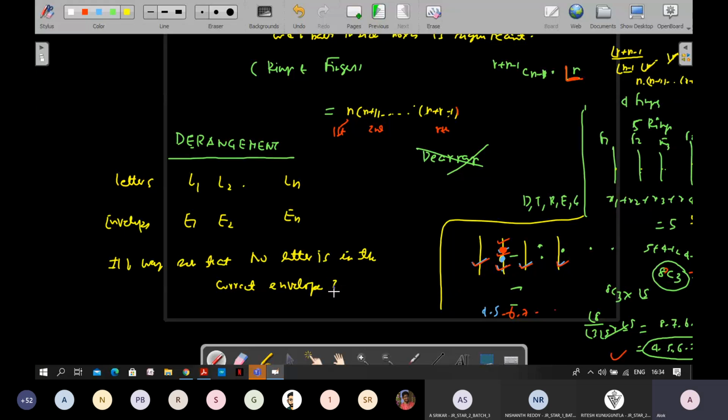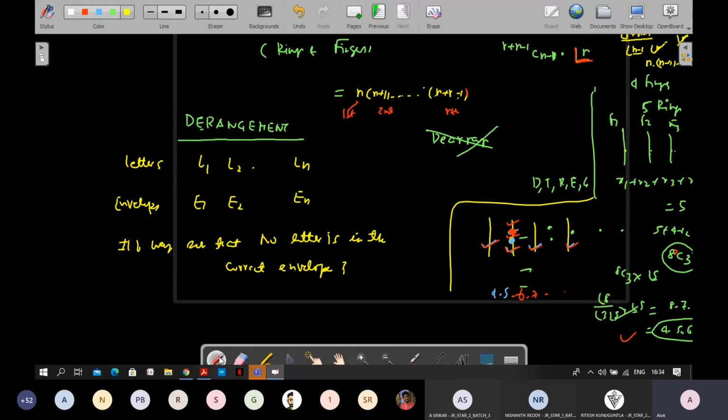Imagine you select 10 students from your institute and make reports of their marks and send them to the parents. In how many ways can it happen that none of the 10 parents get the report of their own child, they get someone else's child, like L1 gets E2's child, those kinds of things.